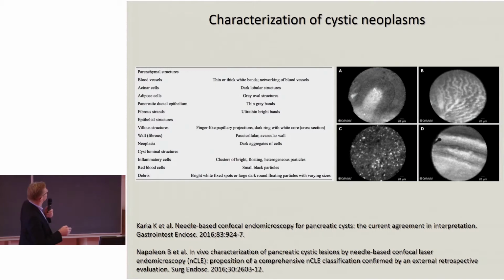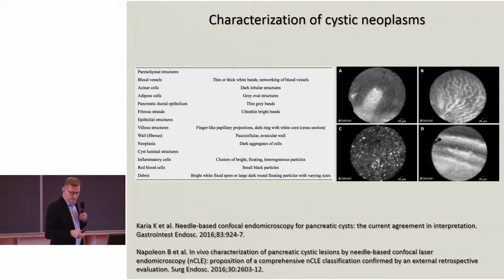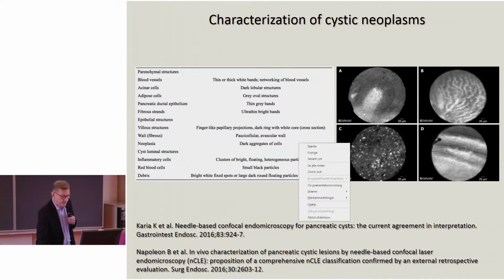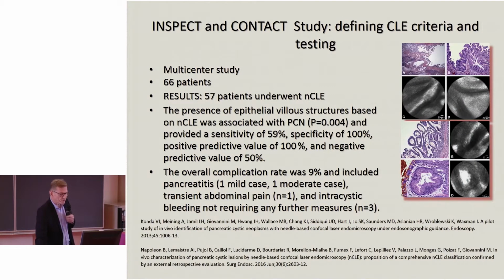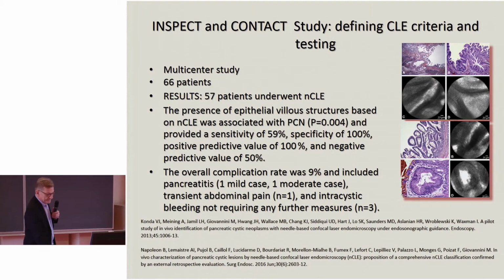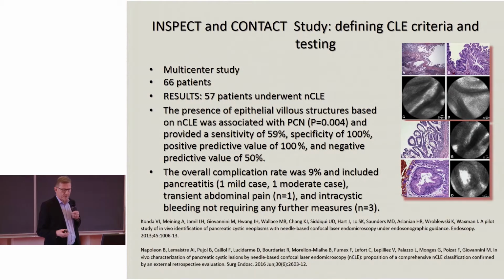How do serous cystadenomas look? How do mucinous cystadenomas look? And how do other pancreatitis and so on look? The studies show that whenever you see characteristic findings, you're pretty sure.